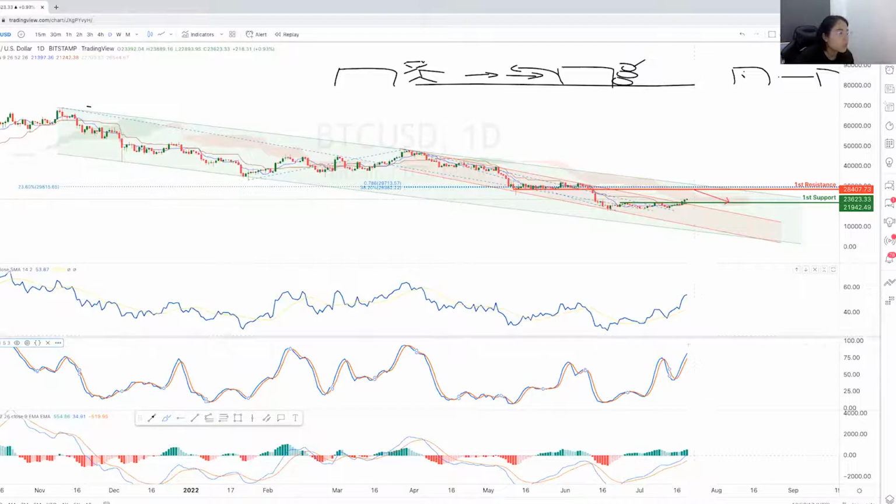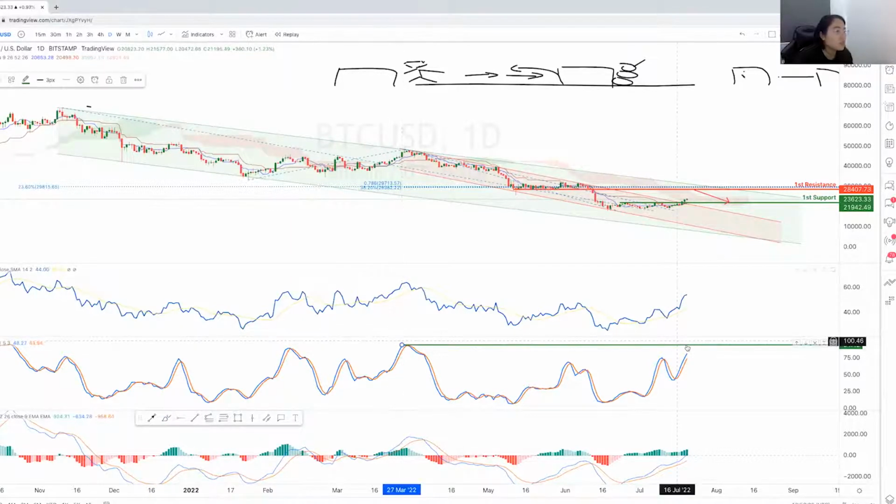The only thing possibly agreeing is stochastics. When price reaches this area and reverses at the resistance, similarly on the stochastics it will reach and we will be looking for a resistance as well. RSI should also be supporting.